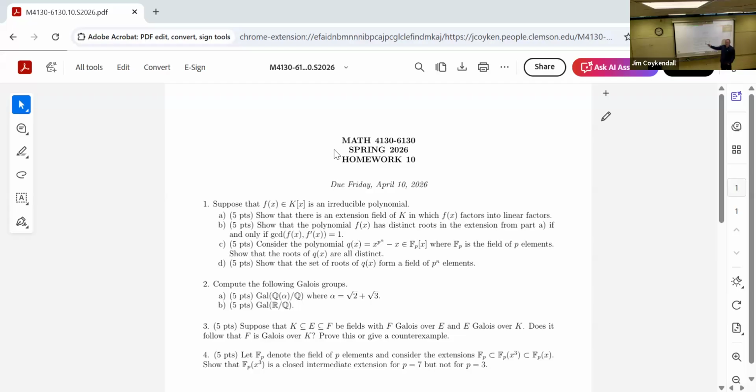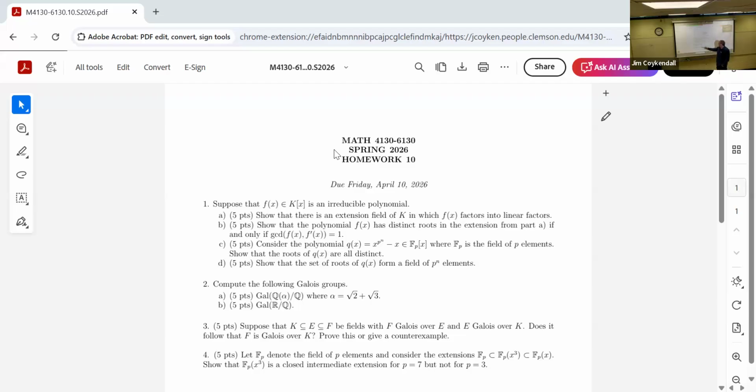The derivative of this is -1 since you're over a field of p elements. Agree? And so if f prime is -1, I bet that this GCD will be 1. Show that the set of roots of q of x, and if you believe part C and part B, there should be p to the n of them, form a field of p to the n elements.